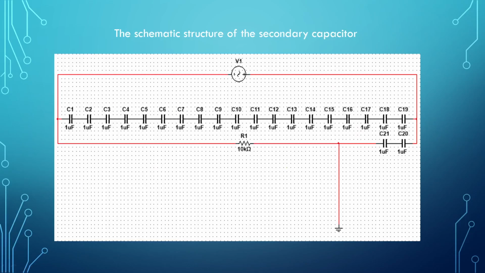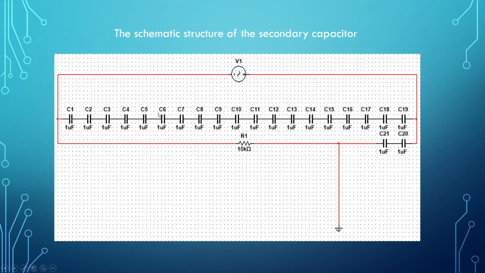Next, I will continue with the schematic structure of the secondary capacitor. As you can see here, this is the structure of the secondary capacitor, which consists of 21 capacitors and 1 resistor.